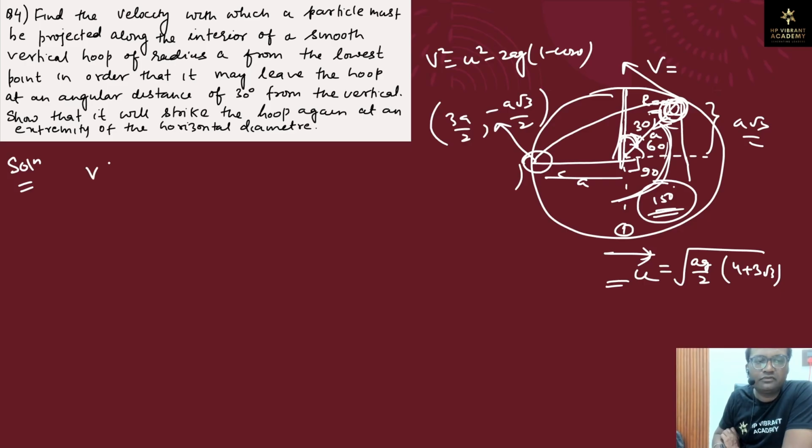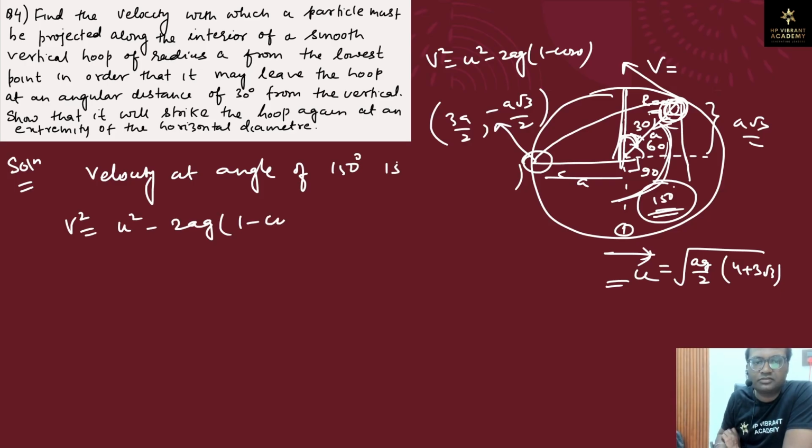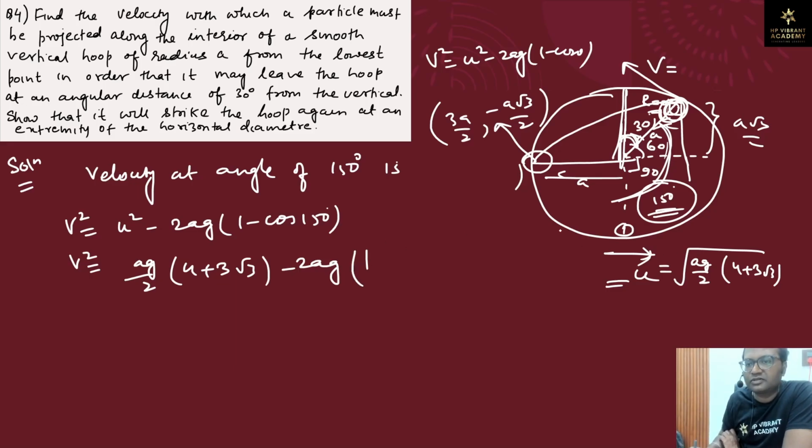Okay, so the value of velocity at an angle of 150 degrees is v square is equal to u square minus 2ag (1 minus cos 150 degrees). So v square is equal to u square, which is ag upon 2 into (4 plus 3 root 3), minus 2ag (1 minus cos 150). What will be the value of cos 150?